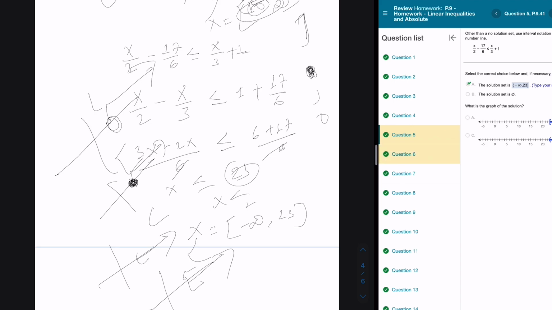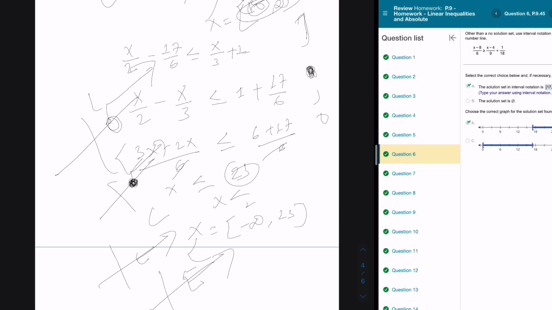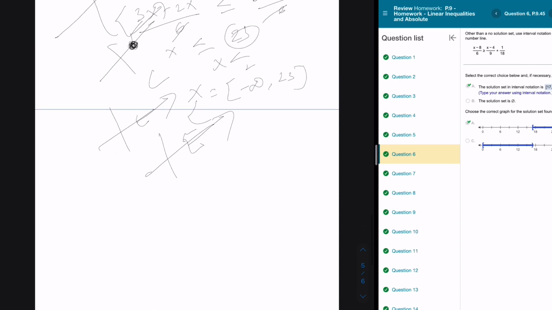Question number 6. I think all the questions are almost similar. Yeah, this is the same thing. x minus 8 by 6, 9 plus 1 by 18.